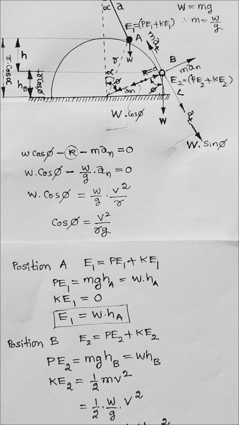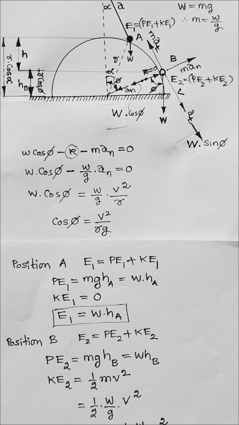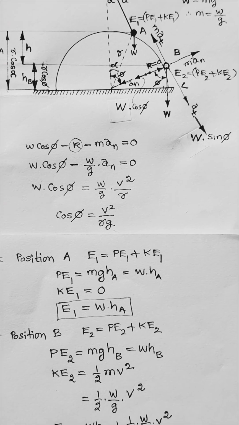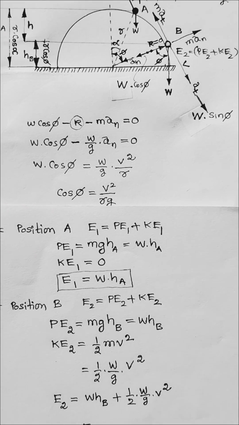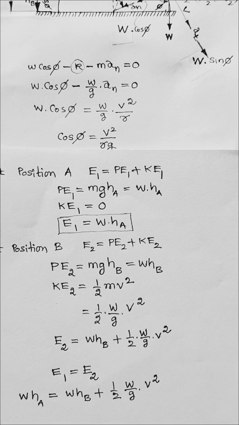By following conservation of energy, we can equate total energy possessed by the moving particle at position A exactly equal to total energy possessed by the moving particle at B. E1 equal to E2. On substituting these two values, we can get W HA equal to W HB plus half of W by G V square.